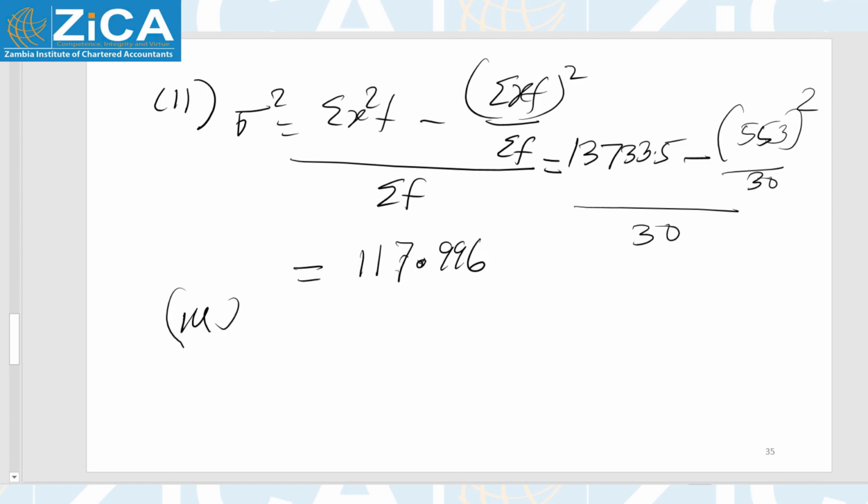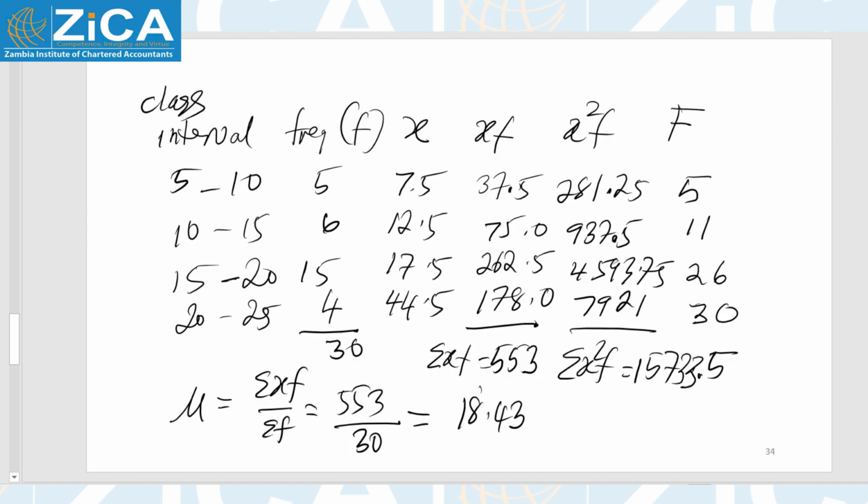Roman numeral 3, the median. We are required to find the median. Since we are using grouped data, go to this table here, where I got the cumulative frequency. All we are saying is, find the position of the median. The position of the median will just be equal to 0.5 times n.